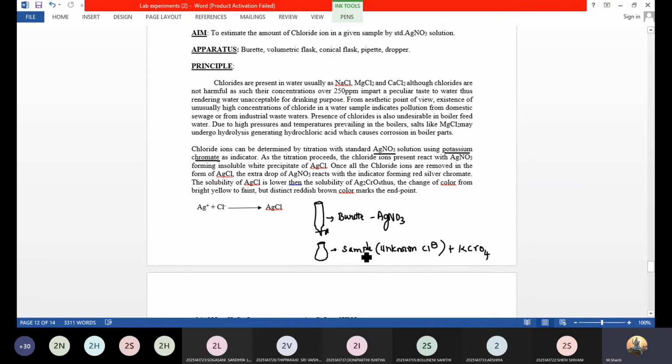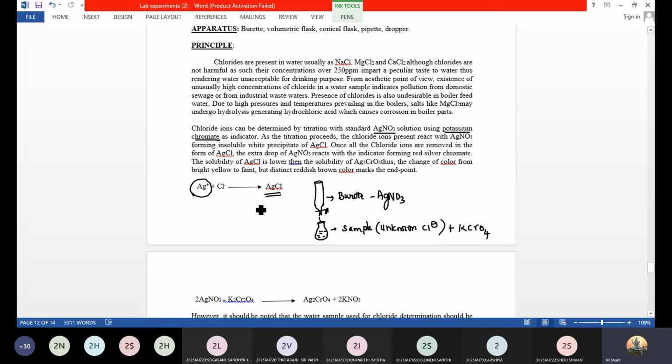So when you start titrating here, the chloride ions of this sample will react with the Ag plus from the burette. These ions are added, and the chloride ions in the conical flask react and form silver chloride precipitate.